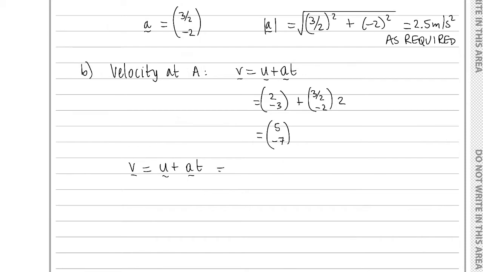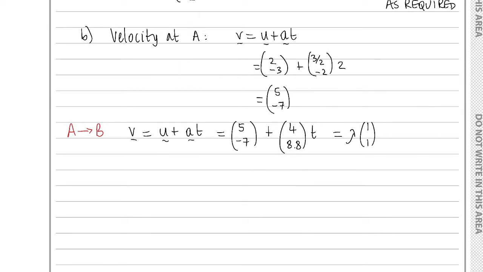This time the initial velocity is 5 minus 7. The acceleration has been given to be 4, 8.8 t. So this is the journey from A to B. And we know that this will be parallel to 1, 1.